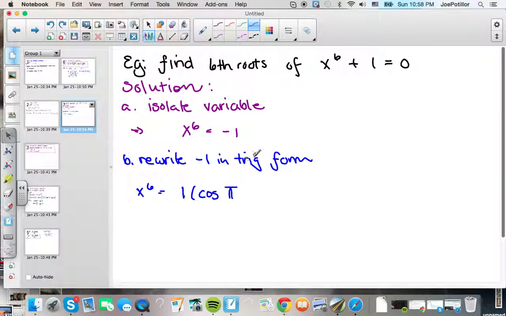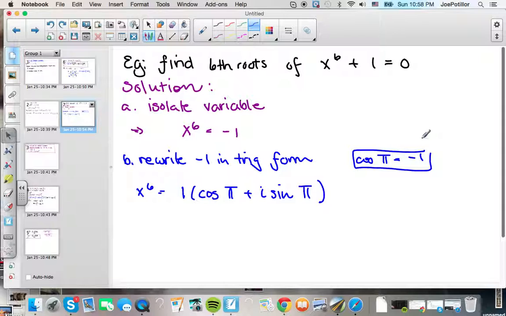Cosine of pi plus I sine of pi. Like that. So we rewrite it in trig form. So I remember that cosine of pi is equal to -1. So that's where the -1 goes. It goes away.